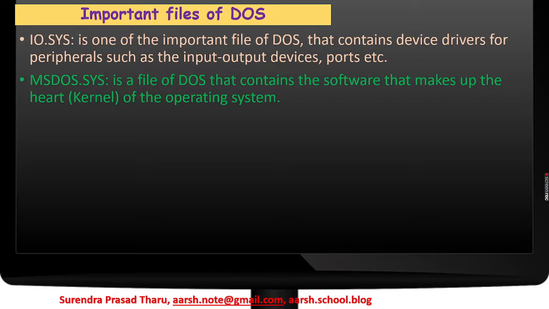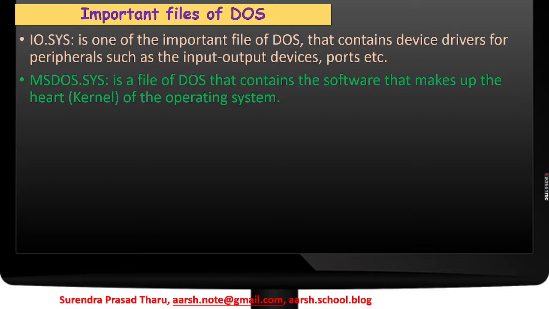Another is MSDOS.sys, which is the main core file of the Microsoft DOS operating system. It contains micro level logic based programs which help to communicate and give instructions to all other devices.